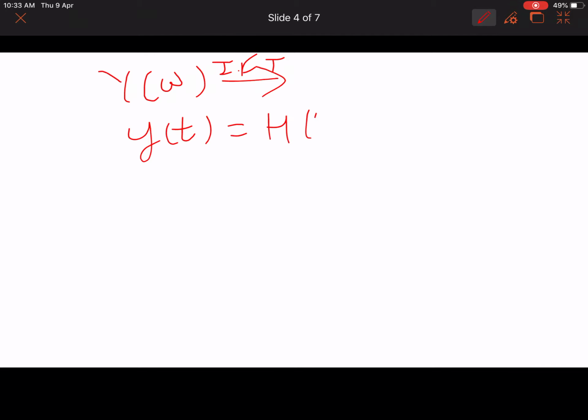Now, if we take the inverse Fourier transform of Y(ω), then we get y(t) = H(ω₀) e^(jω₀t).